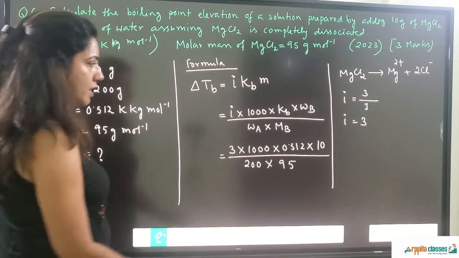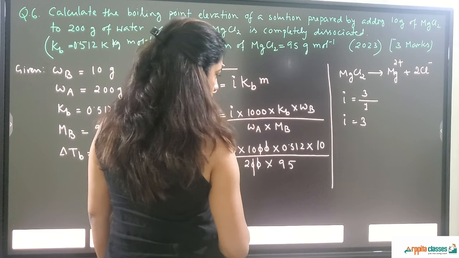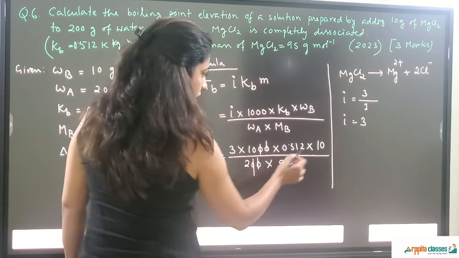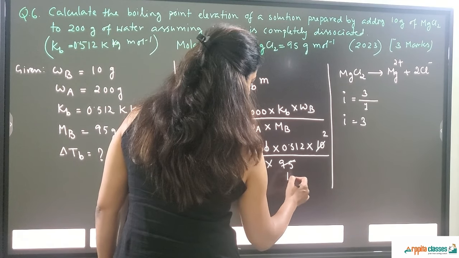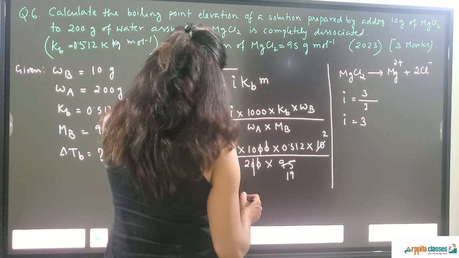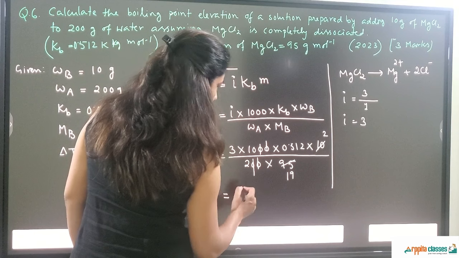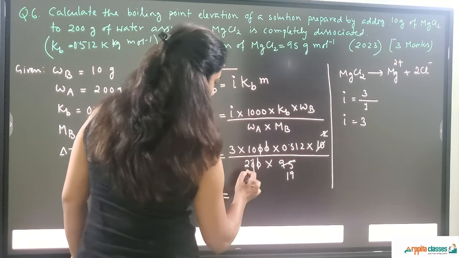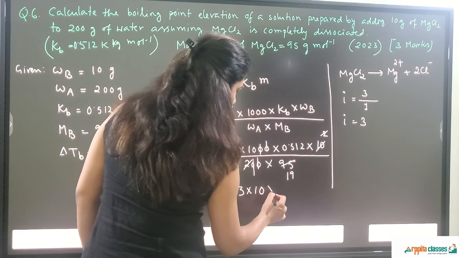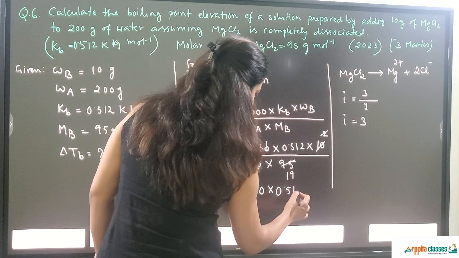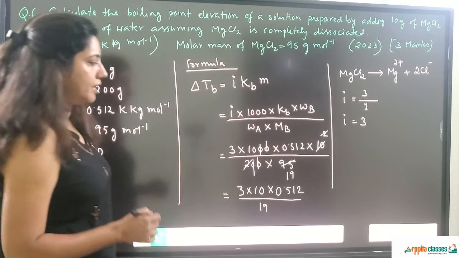So calculate this. We are getting here, in the numerator we have this 2 and 2 will get cancelled. So in the numerator we have 3 into 10 into 0.512, divided by 19 at the denominator.